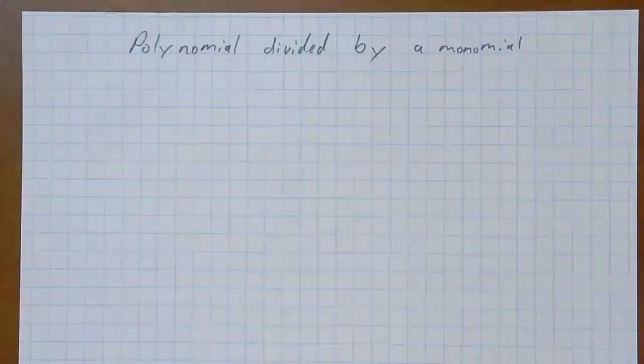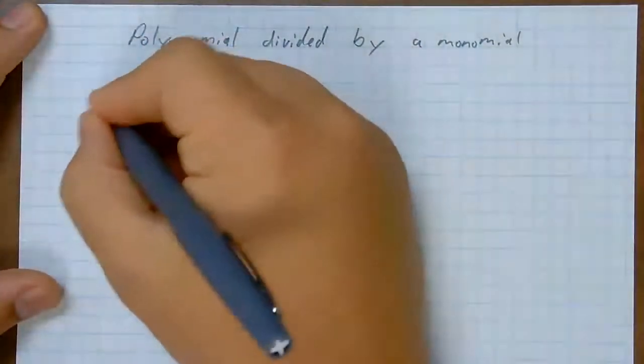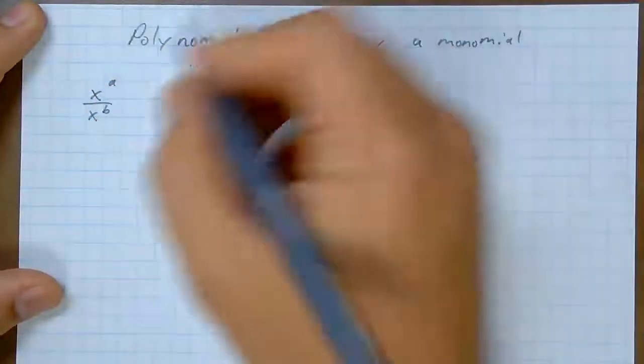Today we're going to learn how to divide a polynomial by a monomial. In order to do this, we need to remind ourselves how the quotient rule for exponents works. The quotient rule for exponents is this: let's say we have x to the power of a over x to the power of b.